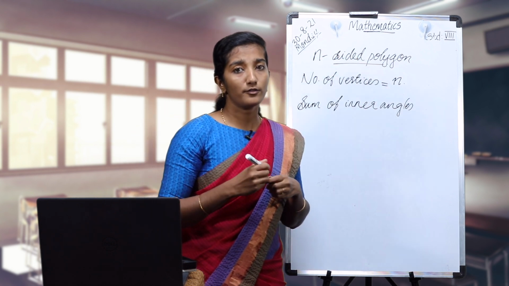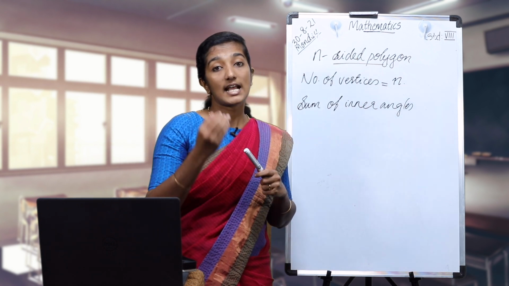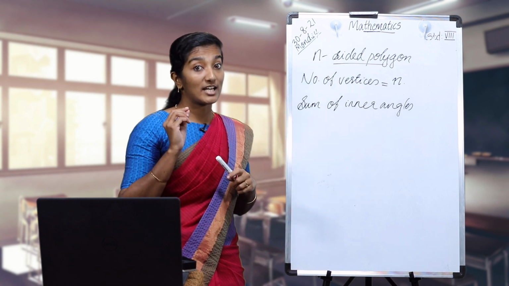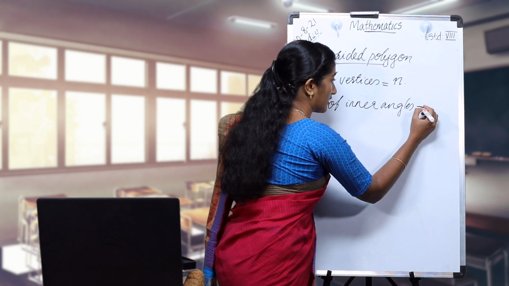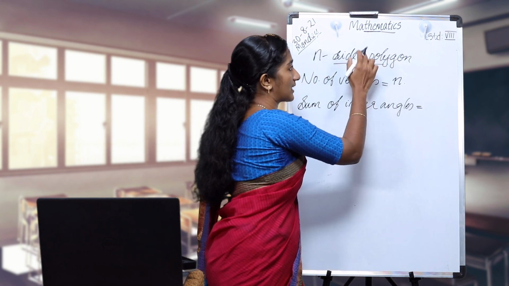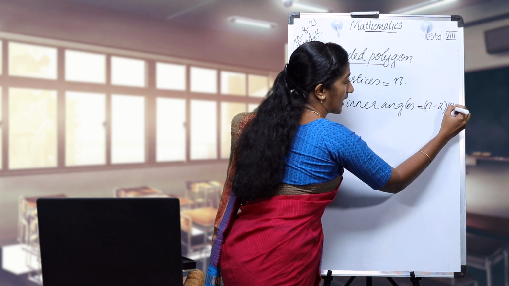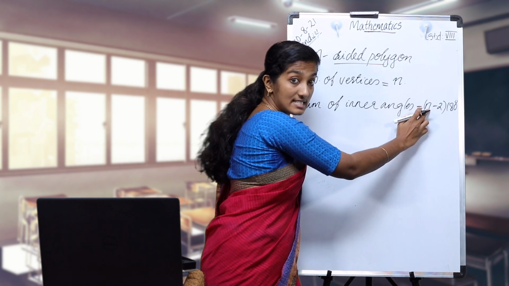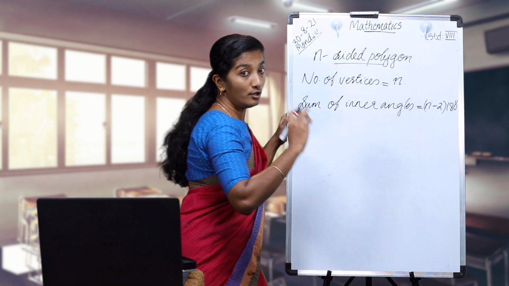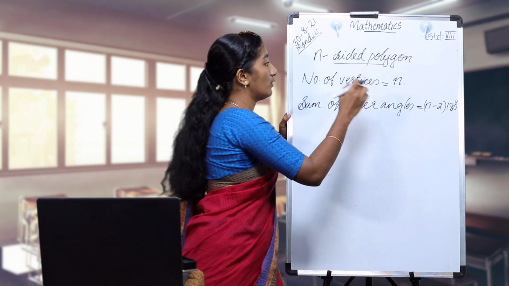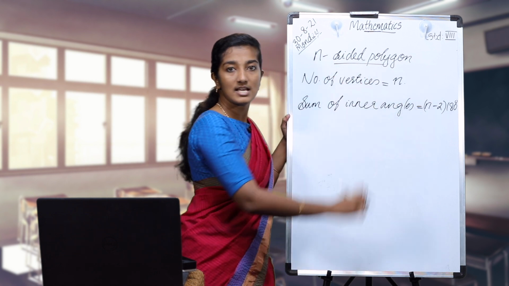What is the formula for finding the sum of inner angles of a polygon? Very good, it is (n minus 2) into 180 degrees. Therefore, the sum of inner angles of an n-sided polygon is (n minus 2) into 180 degrees. Here n stands for the number of sides. Here the number of sides and vertices are equal. Therefore, we have taken the number of vertices as n.